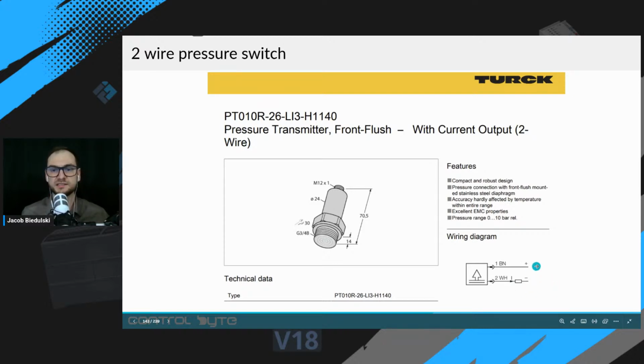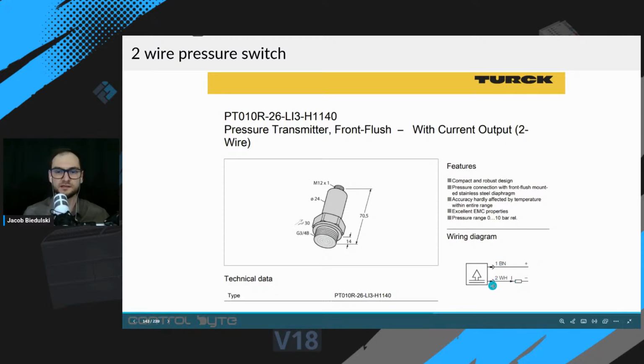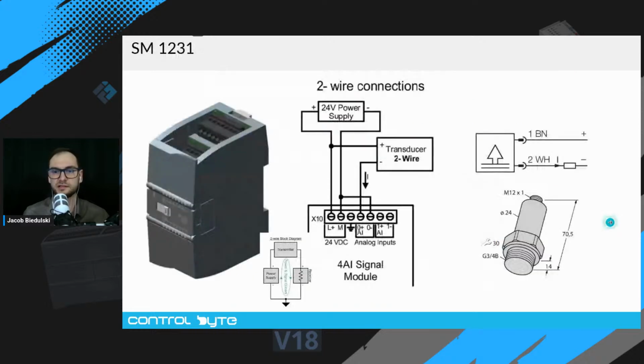The plus is the power supply for the sensor, and the minus is the current loop signal that we connect to the proper terminal block on the analog module, okay?